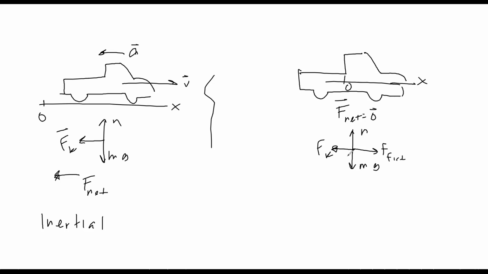And so hopefully you're starting to see the pattern that what the inertial frame observes as F net, the non-inertial frame observes as a fictitious force in the opposite direction. And this is something that I've been harping on for a while: when you yourself are accelerating, you feel a fictitious force in the exact opposite direction of your acceleration.